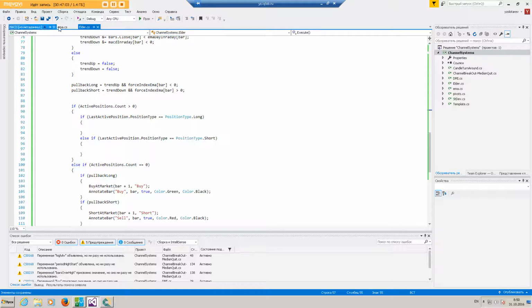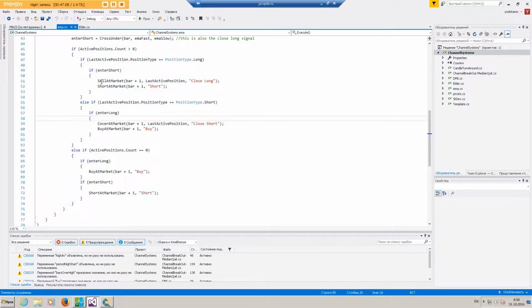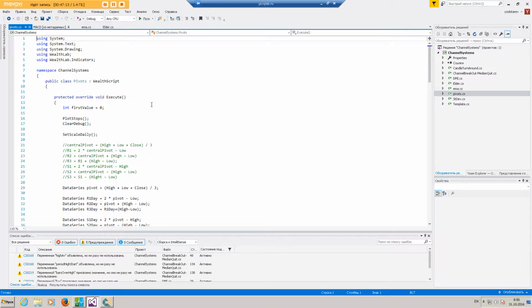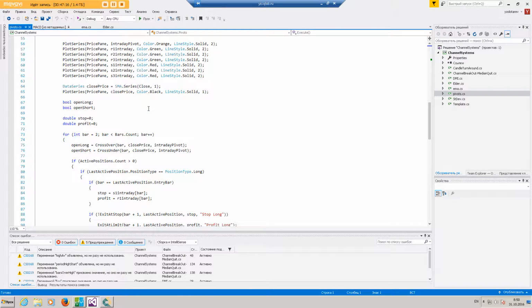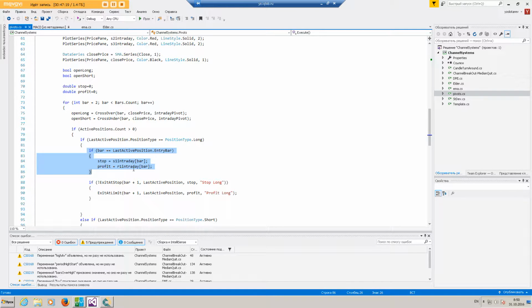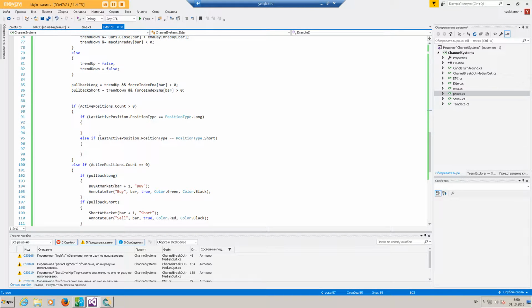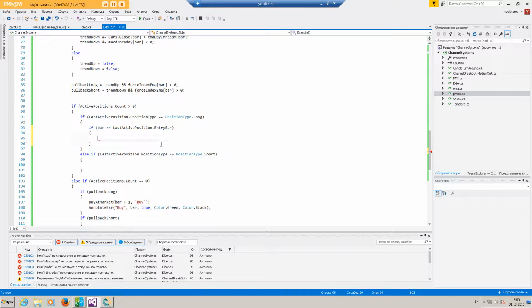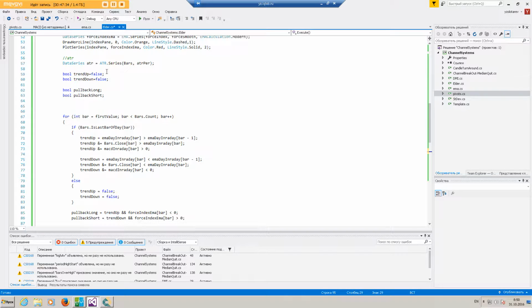And so now what are we going to do? Now we're going to set our stop and profit, right? Sorry. So if we are on the first bar, if we are on the entry bar, so if we entered the long position, and we're standing on the bar that we have entered the long position on, we're going to have a stop.